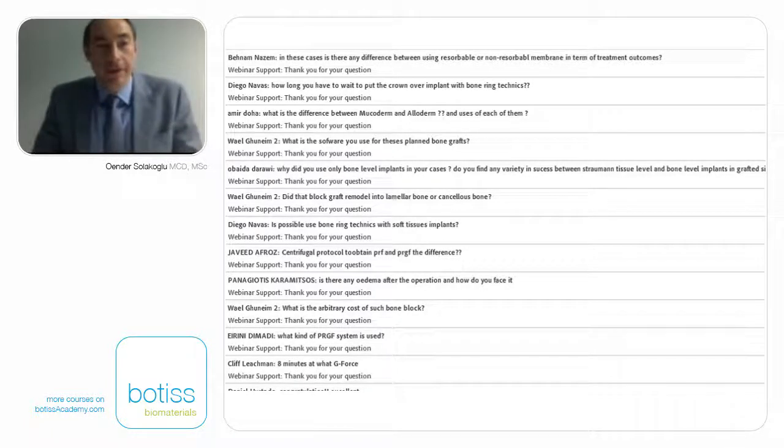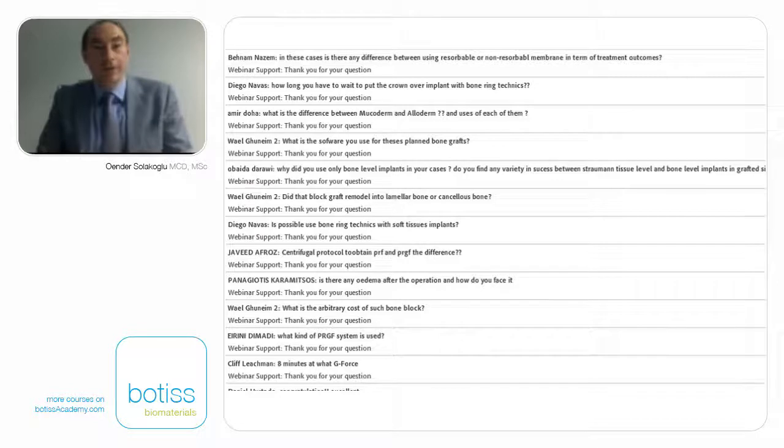Well, this is a very important question, and it's very crucial for the result. So one very important part to evaluate beforehand is the thickness of the tissue. And if you are not sure that you have enough tissue thickness, then you would need to increase the thickness of the biotype of the gingival tissue beforehand.